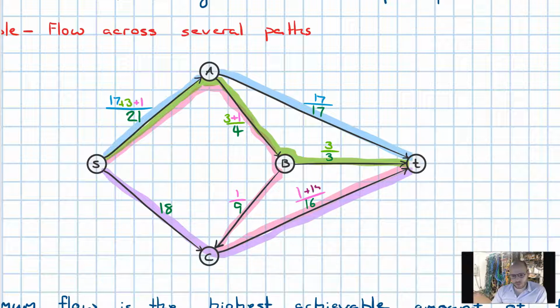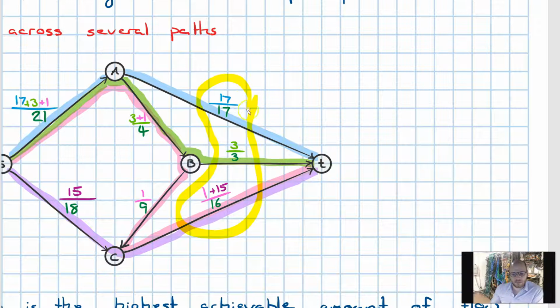So we're going to take 15 from here, and then we're going to consume 15 from here. Now we could try and figure out a way to somehow get the 3 units of flow capacity left over here. But what you can see is that our arc capacity leading into the sink is now saturated, in that there's no more capacity left over to fit any more flow through it.